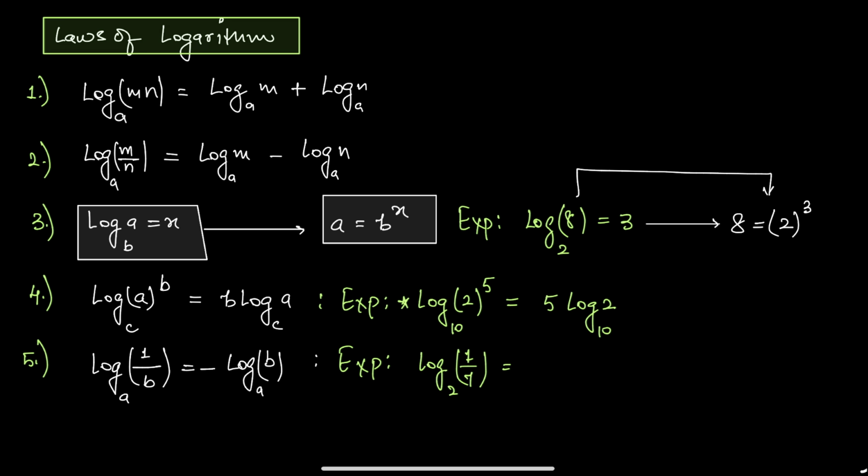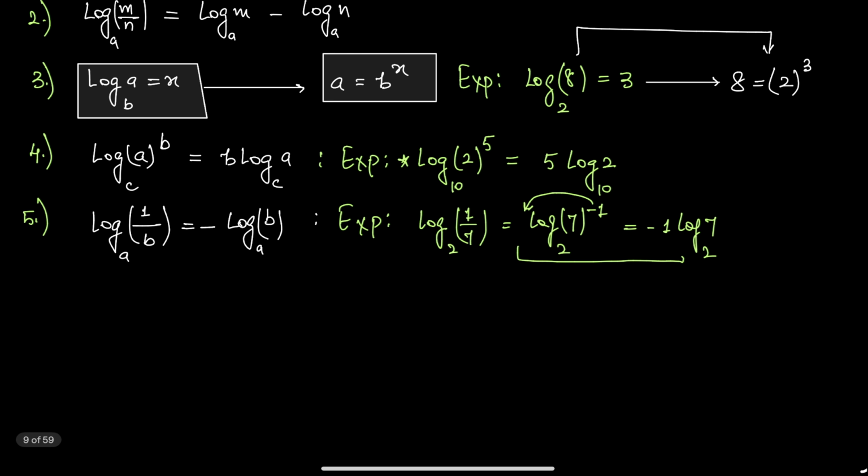So we can write it as log of 7 with power minus 1, base will remain 2. And again, I can write it as minus 1 log 7 with base 2. Here we can see that we have used the fourth formula to solve this expression, where we have brought this power out as a coefficient.